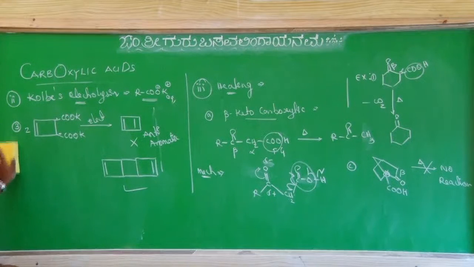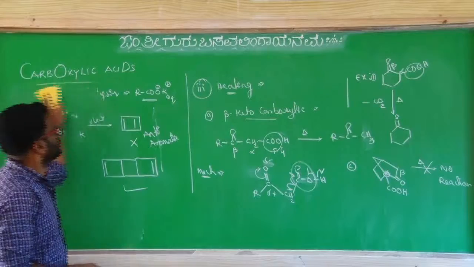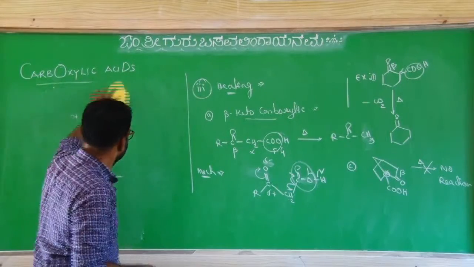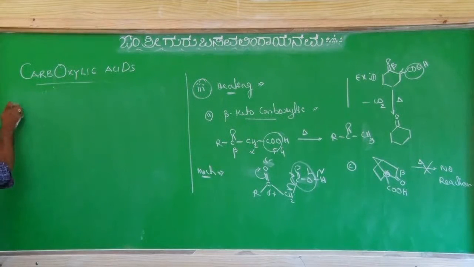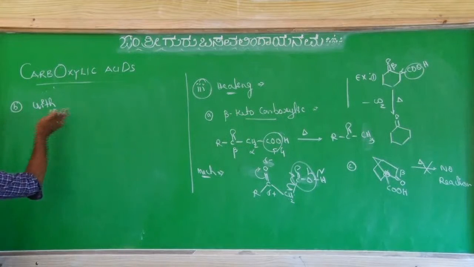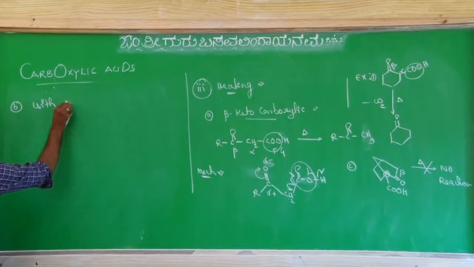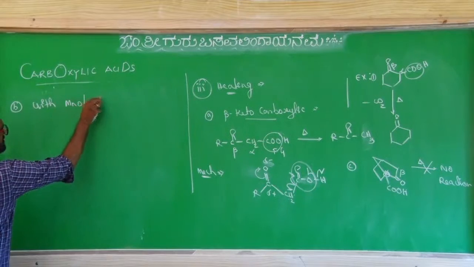Next, other reactions. On heating, this is A and B. Heating of carboxylic acids, I think you might have studied in carbonyl compound preparation. Reheating of these carboxylic acids with manganese oxide at 573 Kelvin.